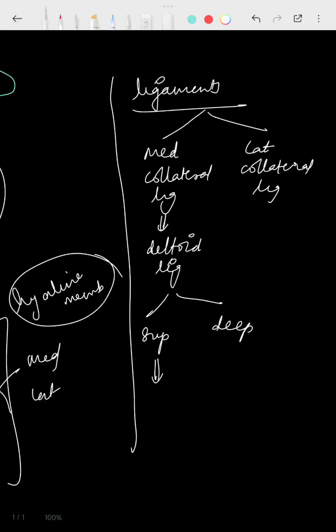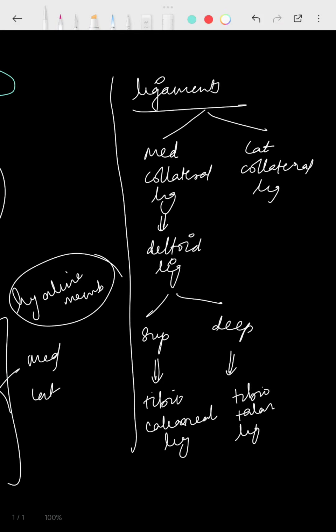The superficial group is the tibiocalcaneal ligament, and the deep ligament is called the tibiotalar ligament.